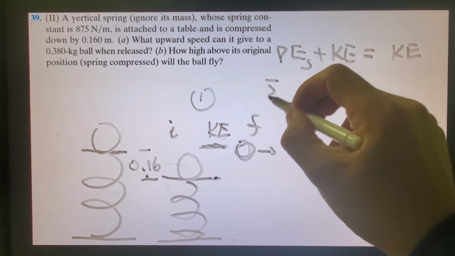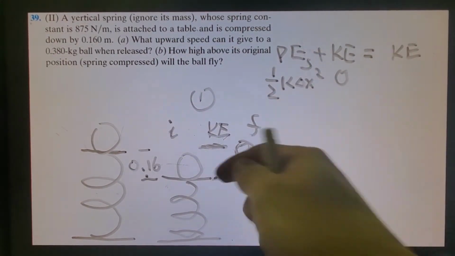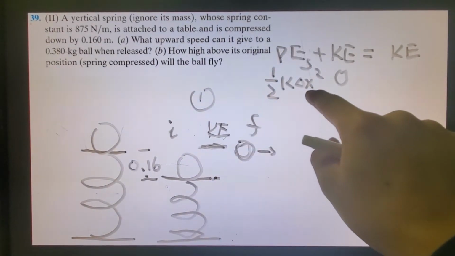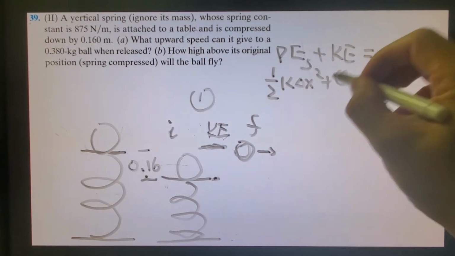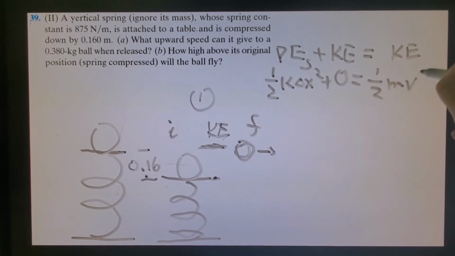Potential energy due to the spring is half k delta x squared. It doesn't matter whether you stretch or compress it, you always get a positive number because of the square. That is equal to the kinetic energy, half m v squared.